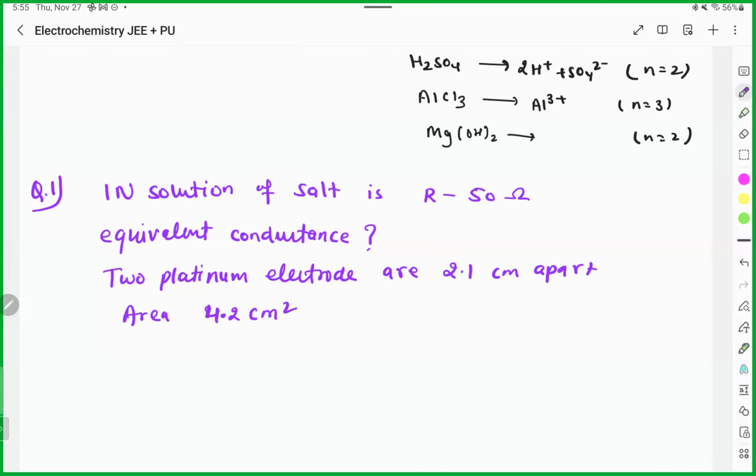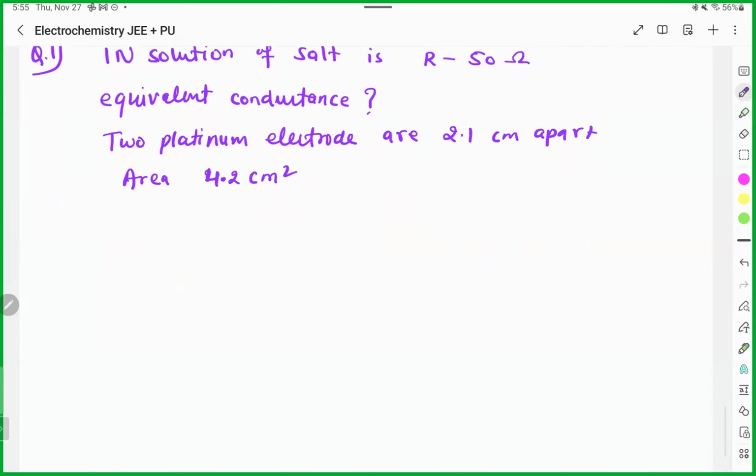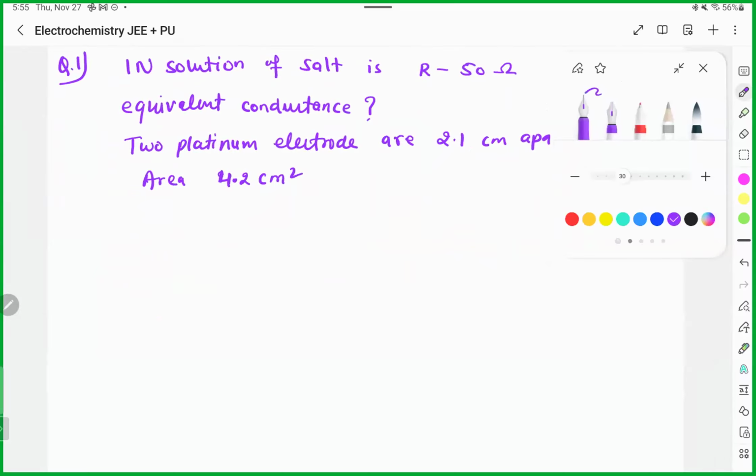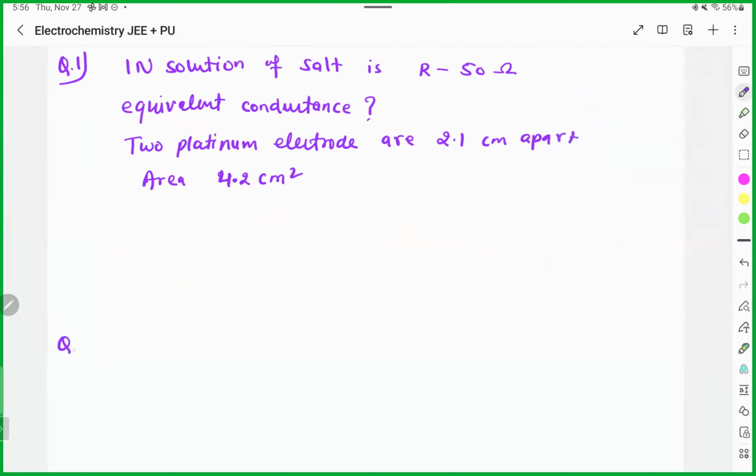Calculate. This is one of the most basic questions. I'm moving to the next question. Solve it.